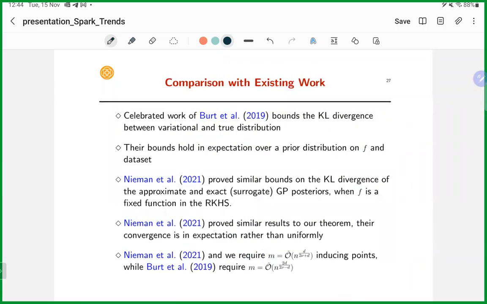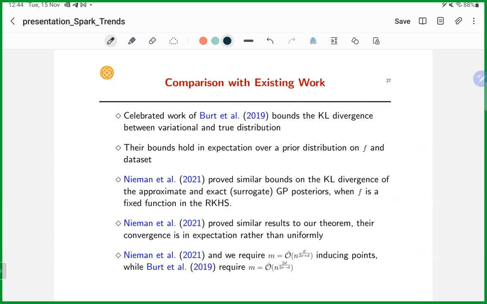In comparison to the existing work, Burt et al., 2019, who received the ICML 2019 Best Paper Award, bound the KL divergence between the approximate and the true distribution. Their bounds hold in expectation because they use the GP model and assume f is a GP.